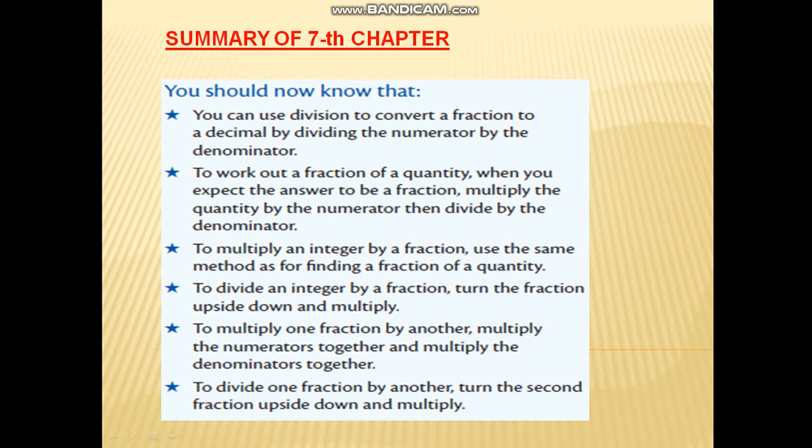To multiply one fraction by another, multiply the numerators together and multiply the denominators together. We have two different fractions, for example, x over y times z over t.